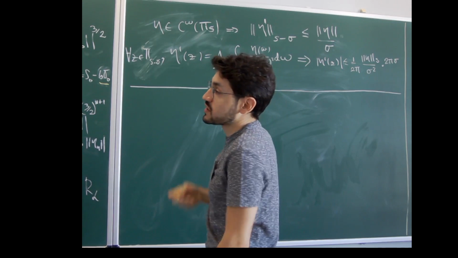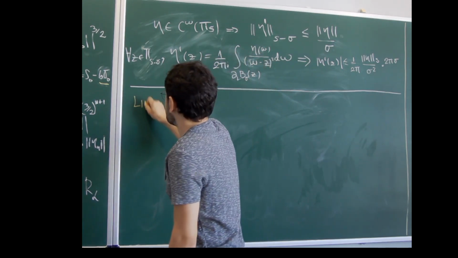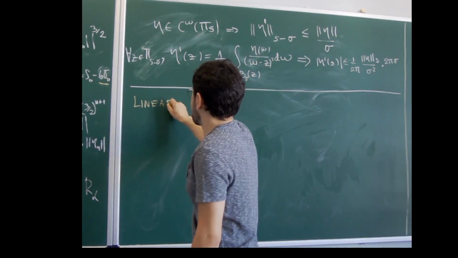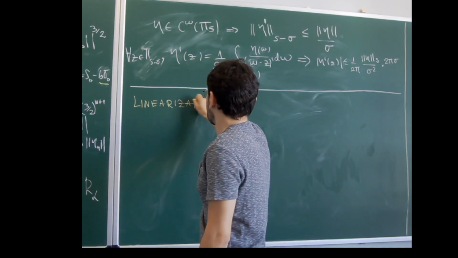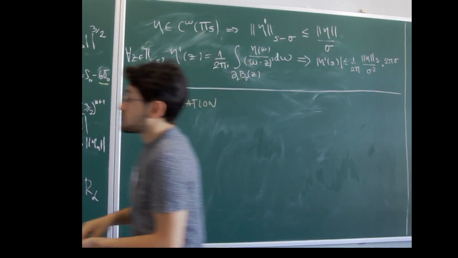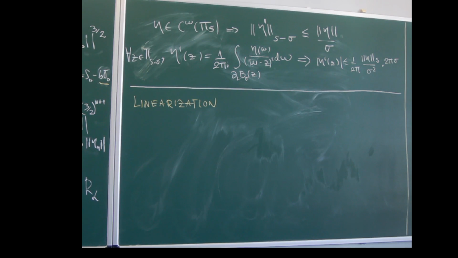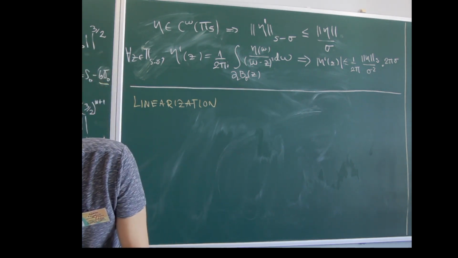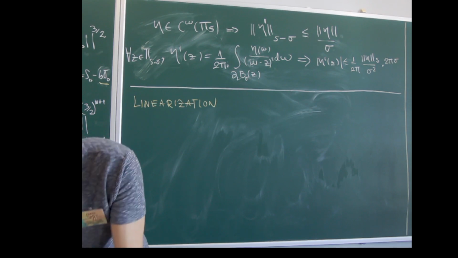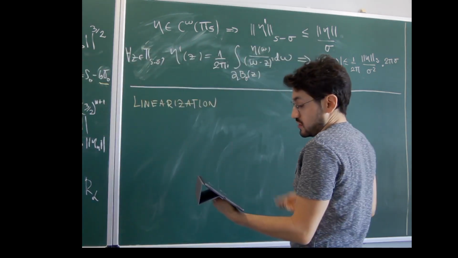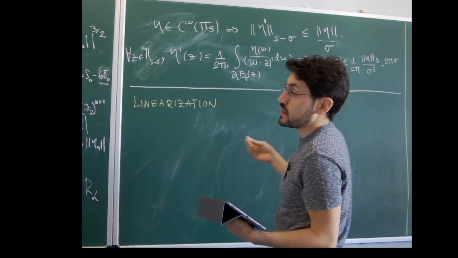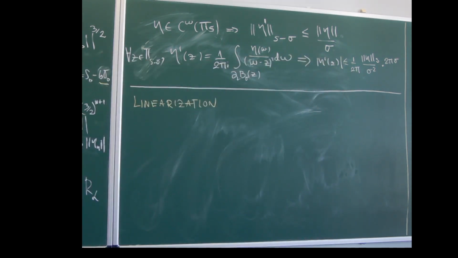So let me go quickly about this linearization, a little bit more details on the linearization. I was telling you, I will try to solve this equation right away. Actually, this will be a lot of equations. So let me drop the suffix 0 for a second.